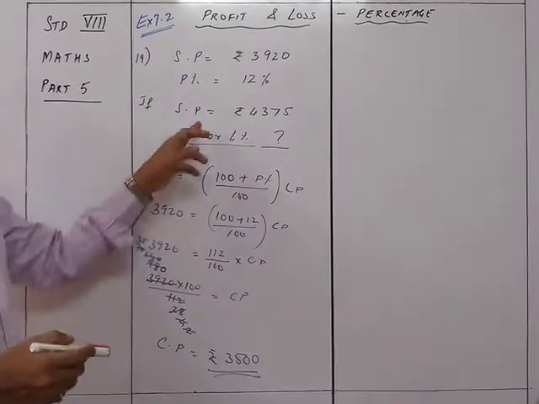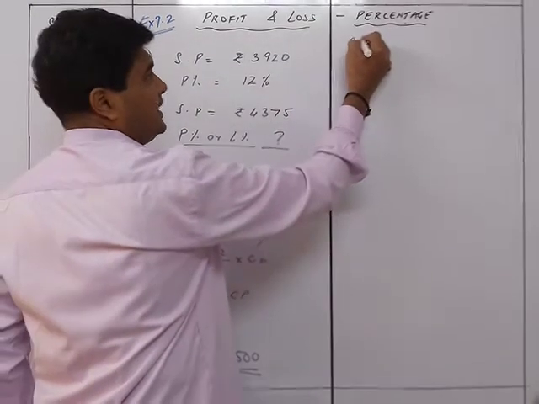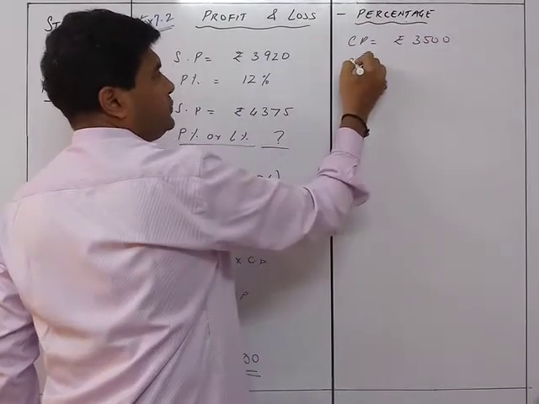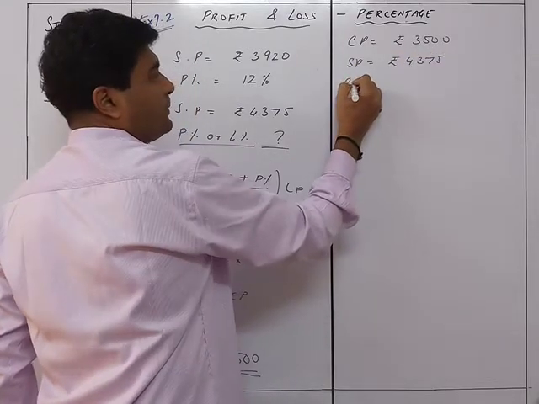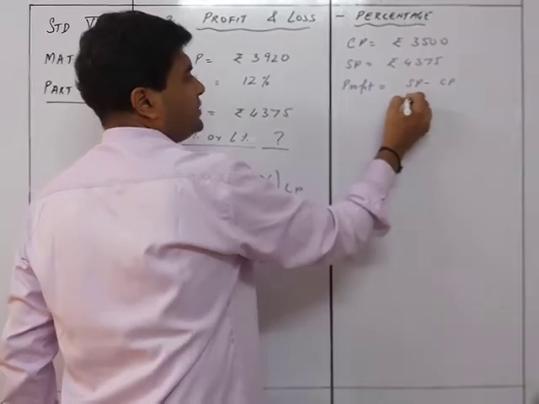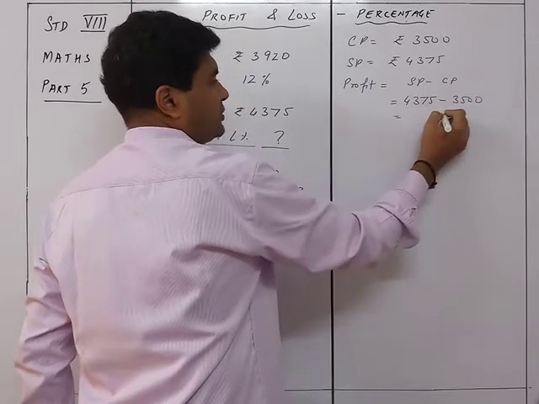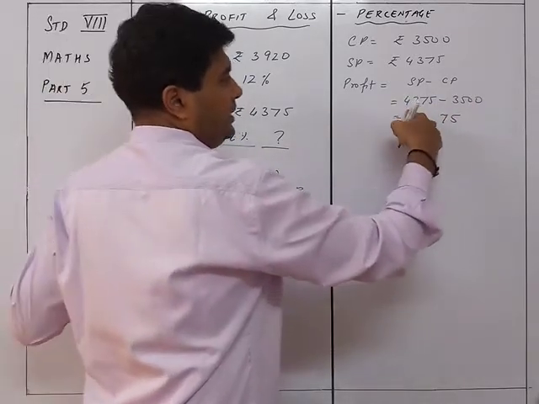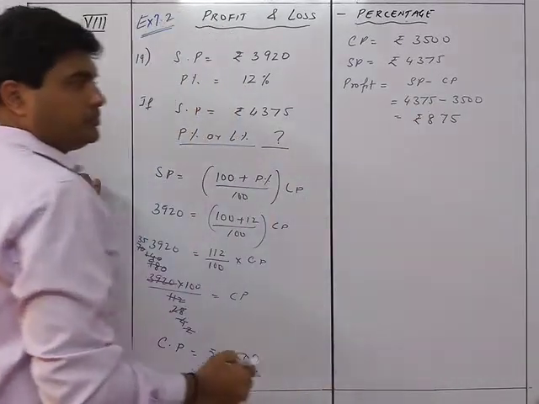Accordingly, as per the next condition, I know that CP is equal to rupees 3,500 and SP is equal to rupees 4,375. Therefore, it's a profit, and the profit will be equal to SP minus CP, that is 4,375 minus 3,500, which is equal to 875 rupees.